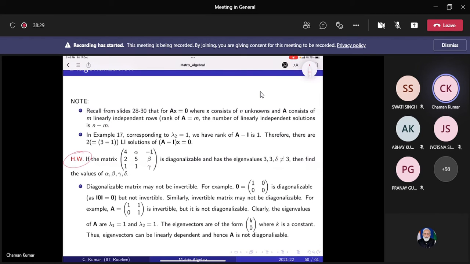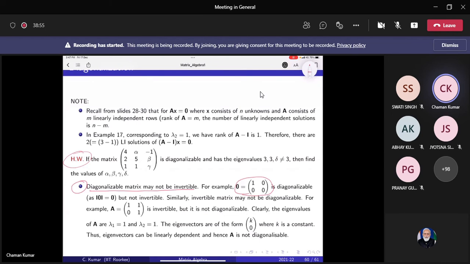Now this third point is that a diagonalizable matrix may not be invertible, and this is obvious. Just consider a diagonal matrix like this, 1 0 0 1, or any diagonal matrix with at least one diagonal element as 0.